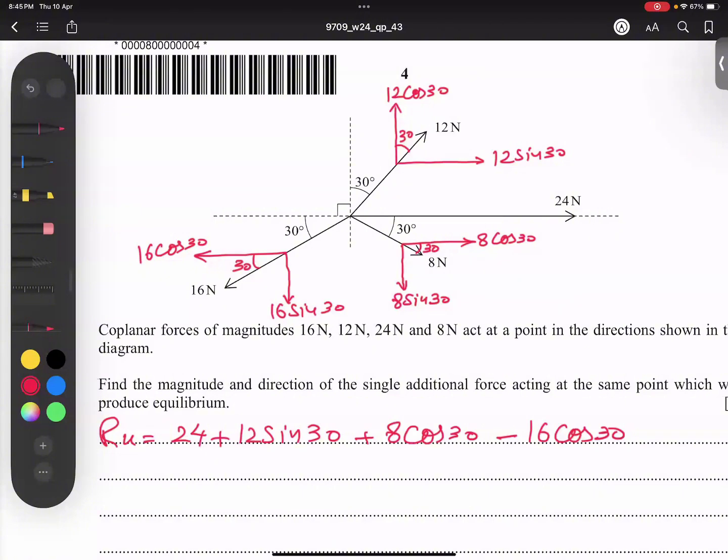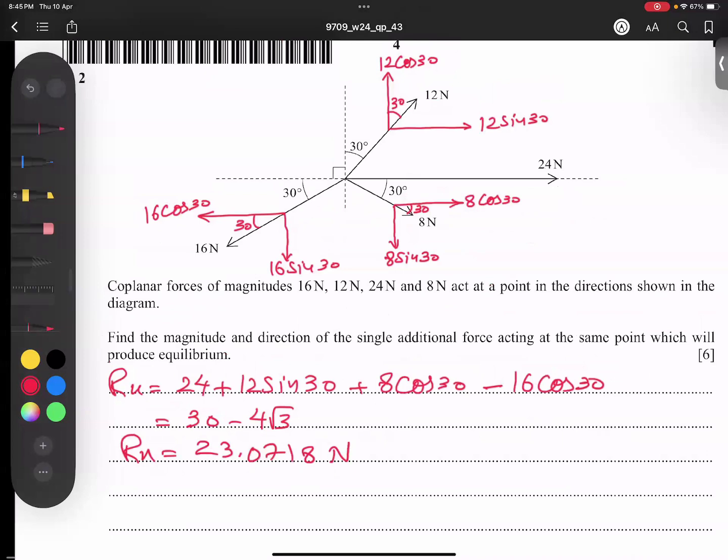Typing this in the calculator, 24 plus 6 plus 8 times 2 cos 30 minus 16 times 2 cos 30, my answer is 30 minus 4 root 3. Better to leave it as it is, or you can write it as 23.0718 newtons.